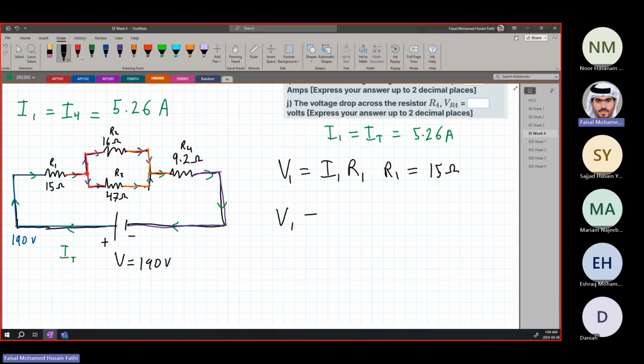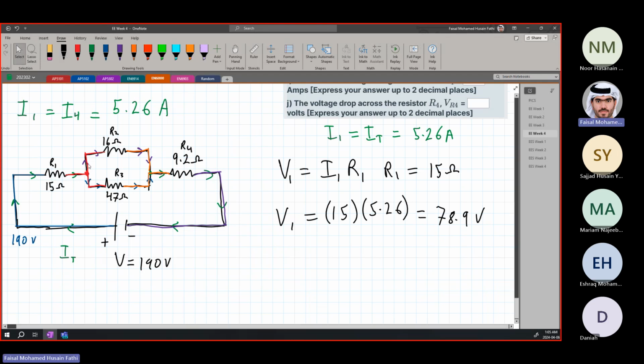So V1 is simply going to be 15 times 5.26, the current in amperes times the resistance. Okay, so 15 times 5.26 is going to be 78.9 volts. Okay? This is the whole idea. This is how you will solve for every single part of this question.